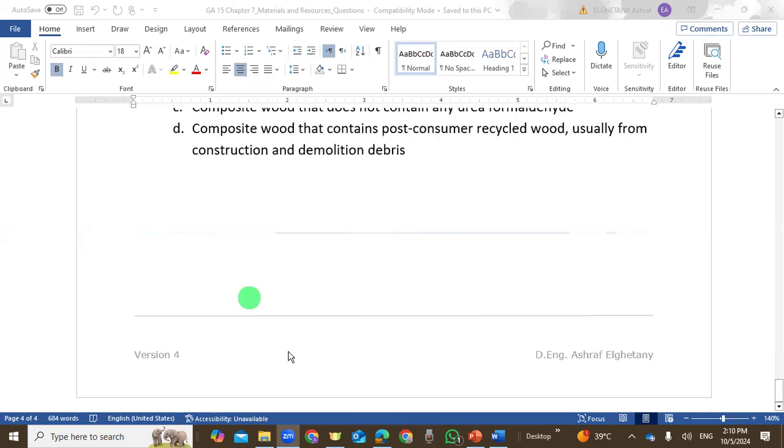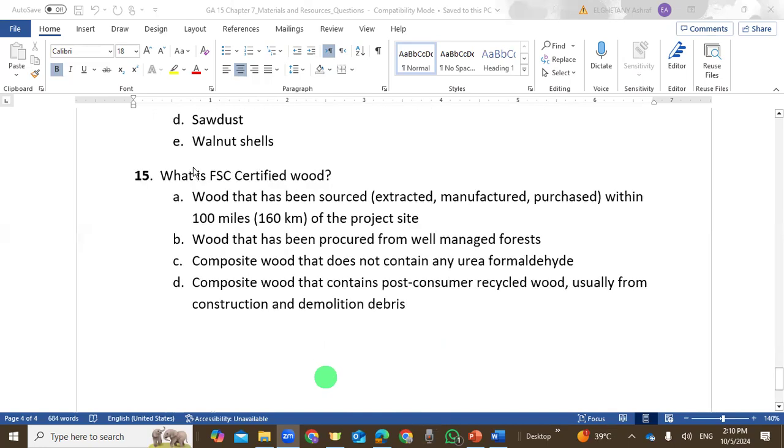The last number is 15. What is FSC certified wood? Let's have the last one in the list, Mr. Mohammed Idris. Okay, go ahead. So what is your answer?